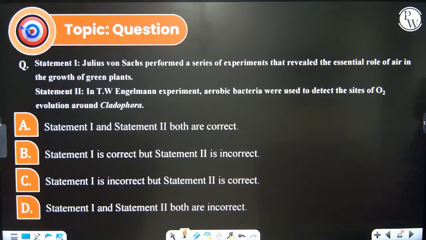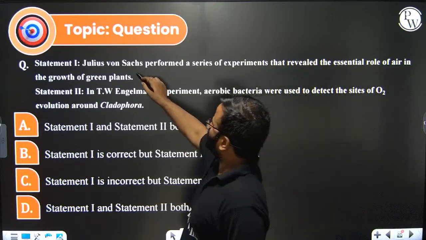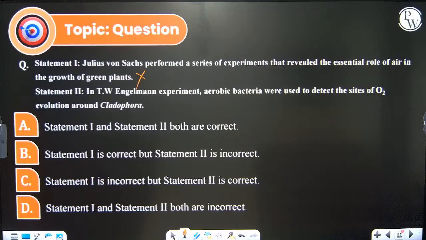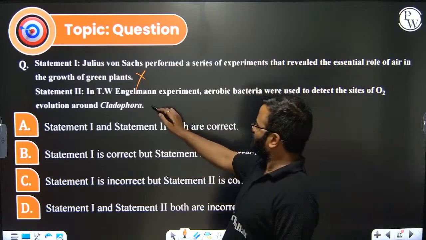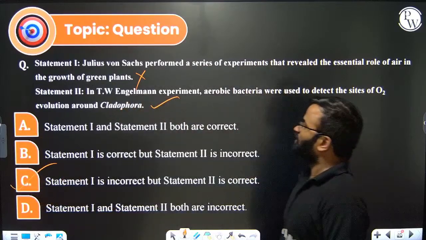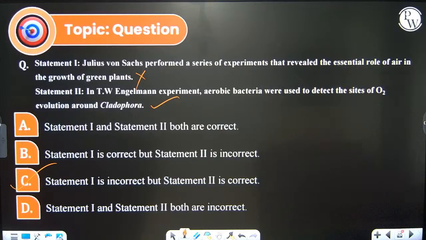I don't know. He didn't. In T.W. Engelmann's experiment, aerobic bacteria were used to detect the sites of oxygen evolution around Cladophora. So this is true as a statement. So what would be our answer? C would be our answer.